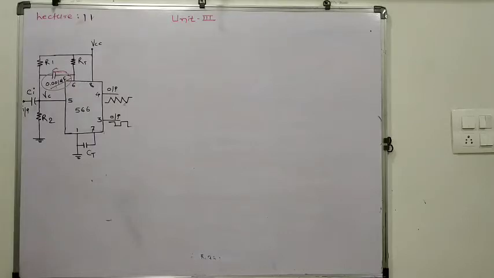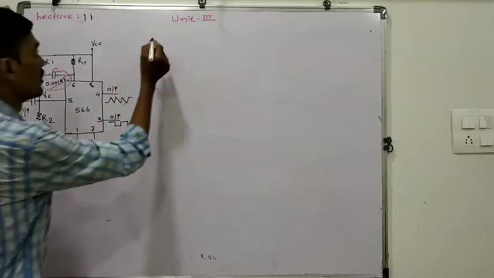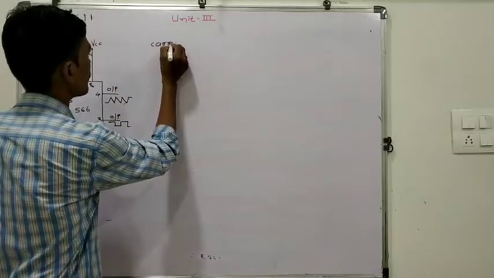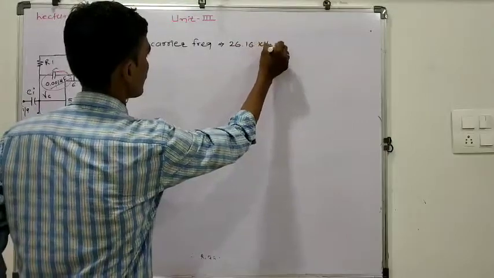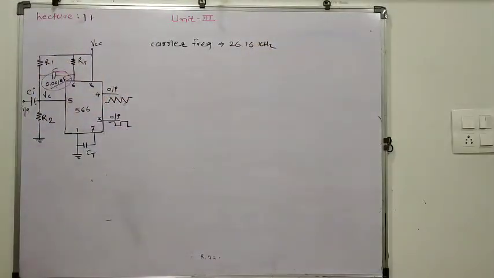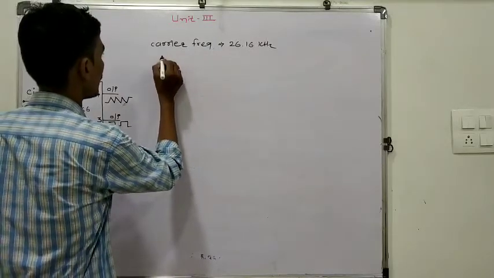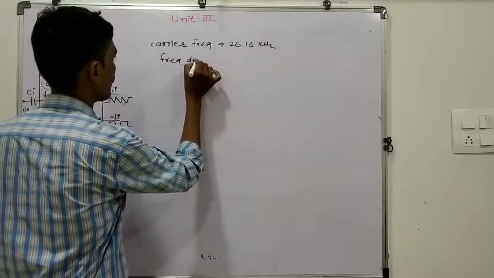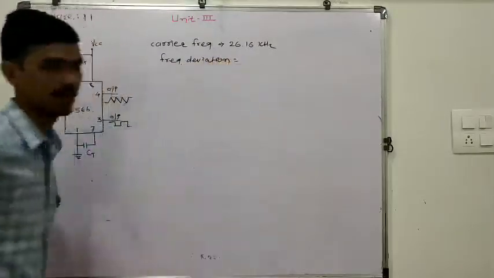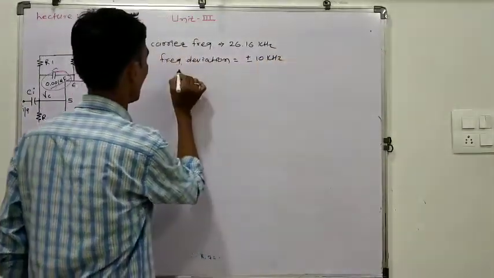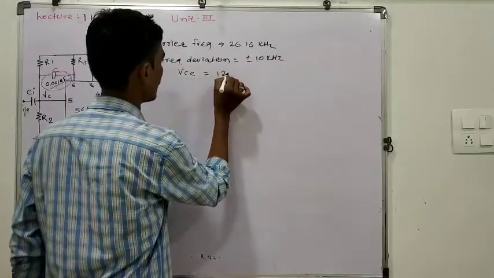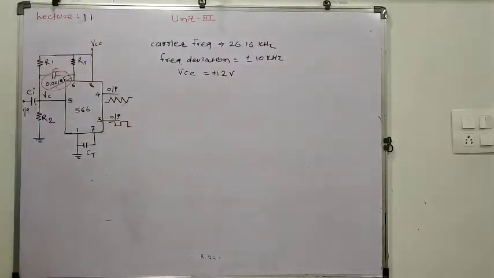The carrier frequency is given as 26.16 kHz, and the frequency deviation is plus minus 10 kHz, as well as the VCC supply is given as 12 volt. So that is plus 12 volt.